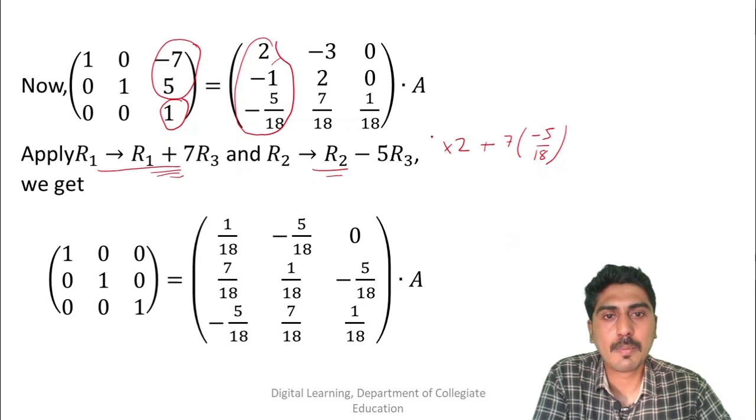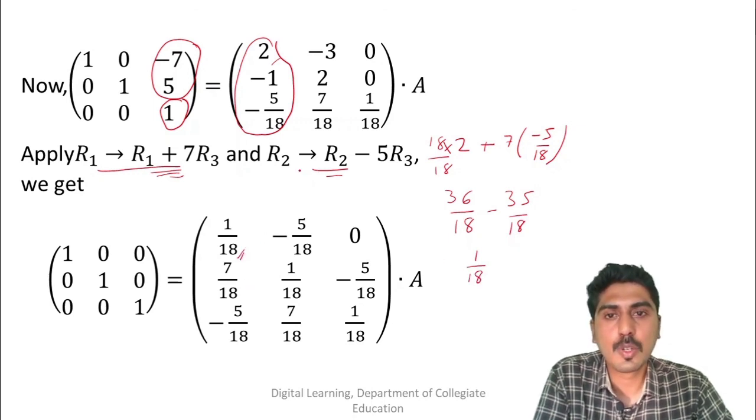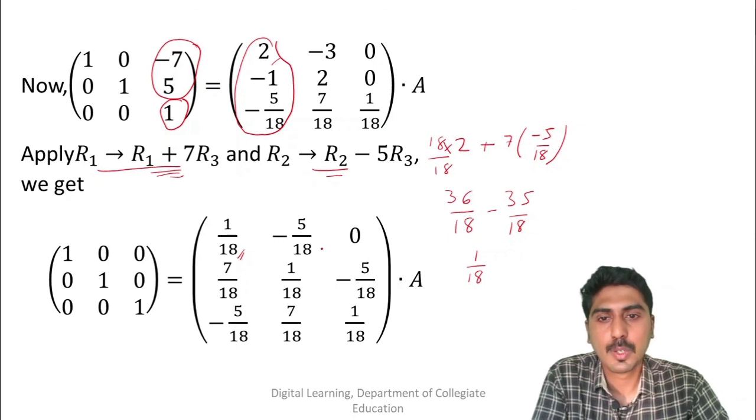You multiply and divide by 18, we get 36 by 18 minus 35 by 18, which is equal to 1 by 18. Similarly, you apply these two operations to get 1 by 18, minus 5 by 18, 0, 7 by 18, 1 by 18, minus 5 by 18.